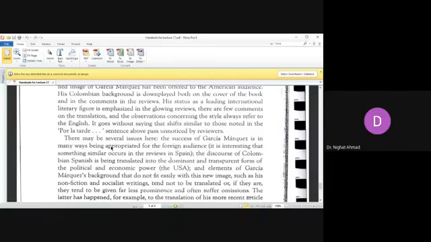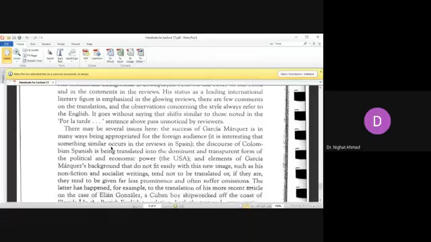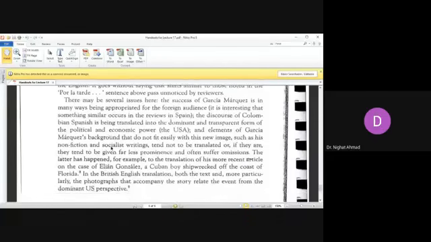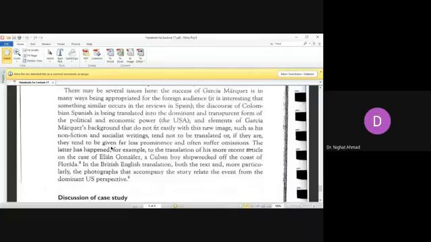So these socialist writings, if they tend to be translated, are given far less prominence, and they often suffer omission. This has happened, for example, to the translation of his more recent article on a Cuban boy shipwrecked off the coast of Florida. In British English translations, both the text and more particularly the photographs that accompany it relate to the dominant.